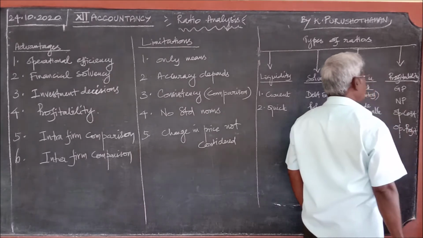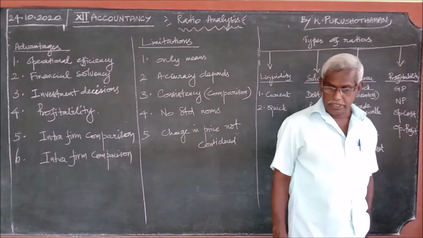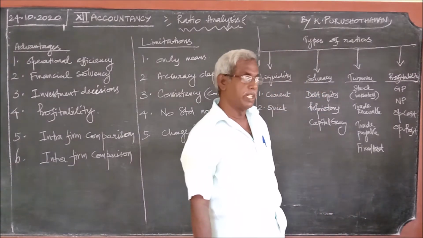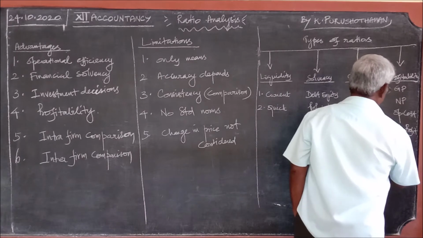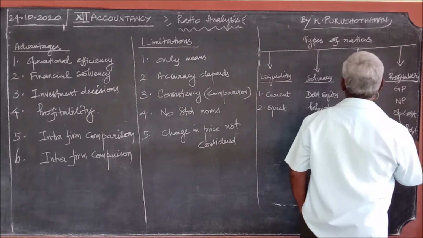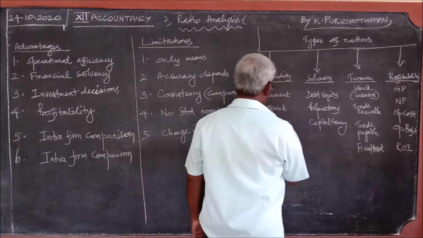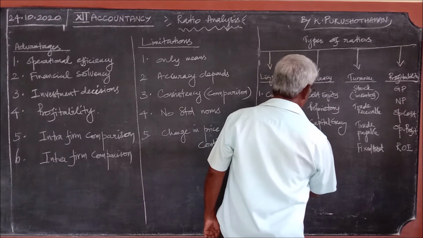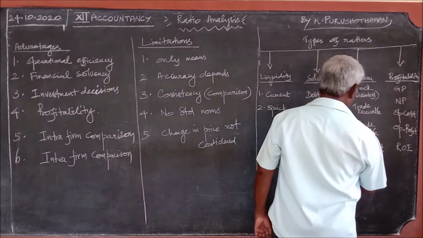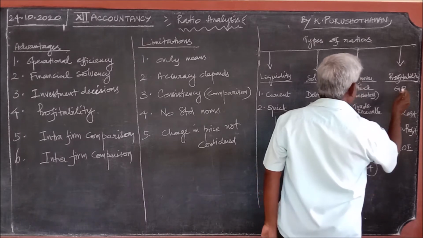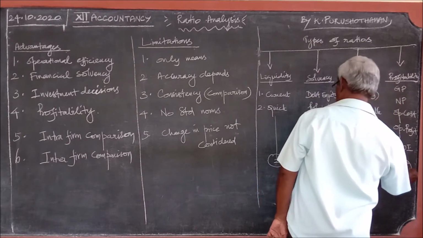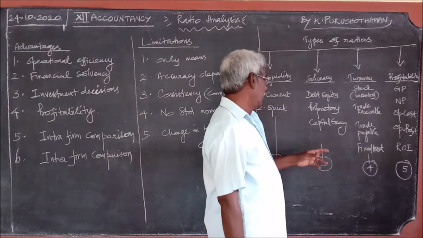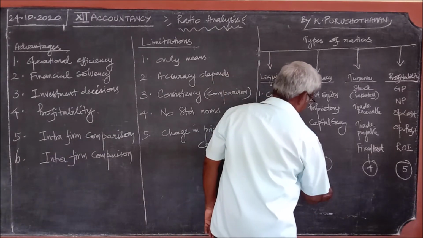And the fifth ratio is return on investment ratio, that is the last one. So here there are two ratios under liquidity, solvency 3, turnover 4 and profitability 5. 14 ratios we have seen so far.